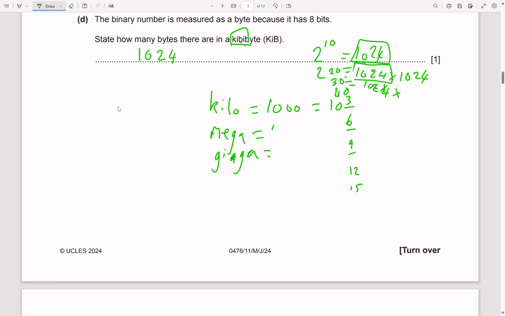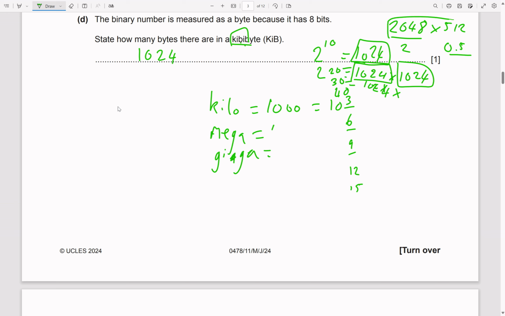So this can also be helpful in calculations, because sometimes they might have something like 2048 multiplied by 512. Doing that without a calculator is probably quite difficult. But what you can see, hopefully, is that 2048 is basically 2 lots of 1024, and 512 is half of 1024.